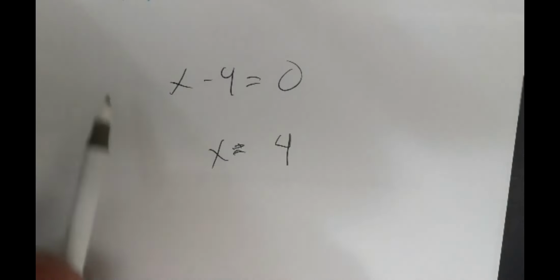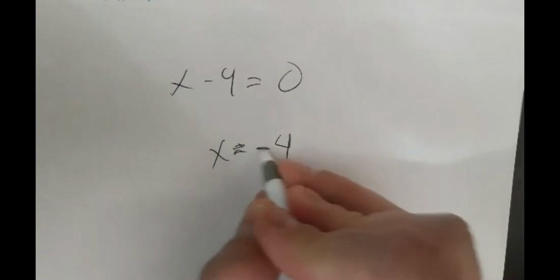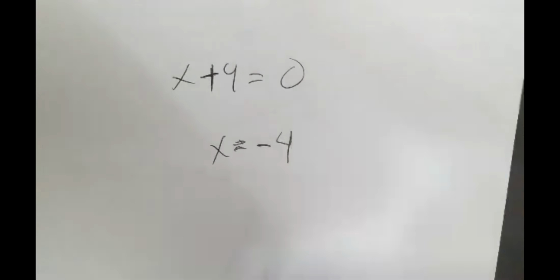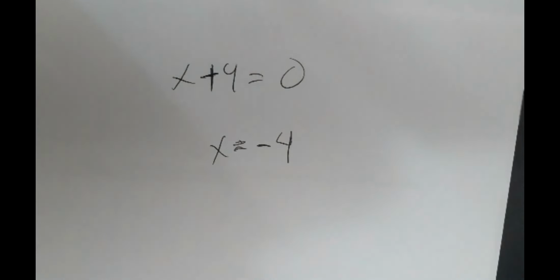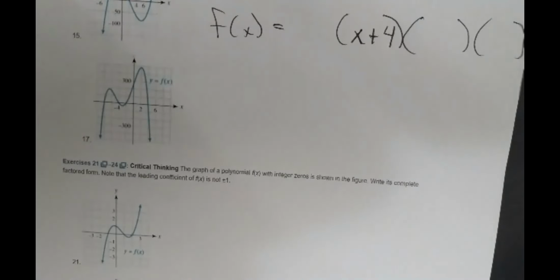If we got a minus here, this would be plus. If we got a plus here, this would be minus, right? So now we're just going the other way. We're going from here to there. So if it's a -4, this one's going to be +4, right? So that is probably one of the bigger things in the section.